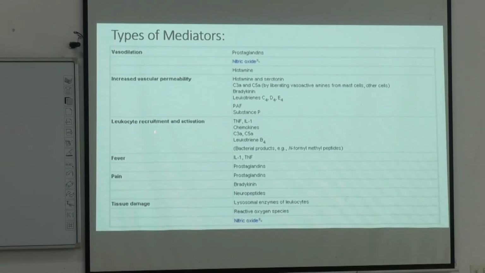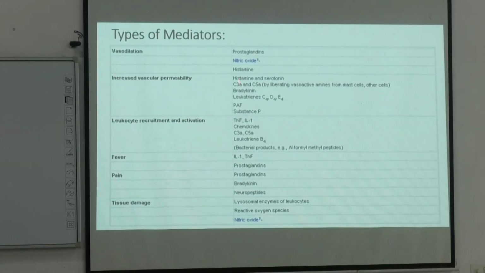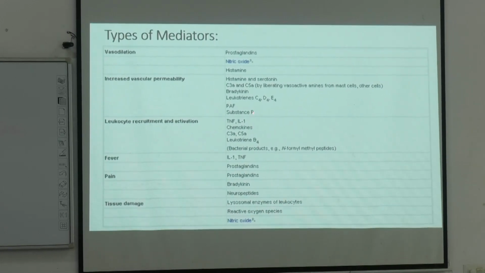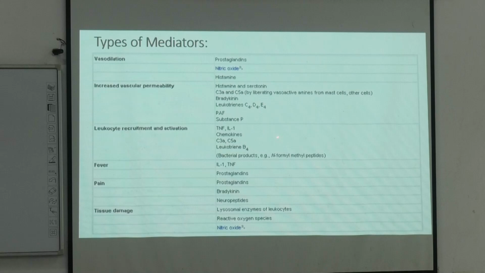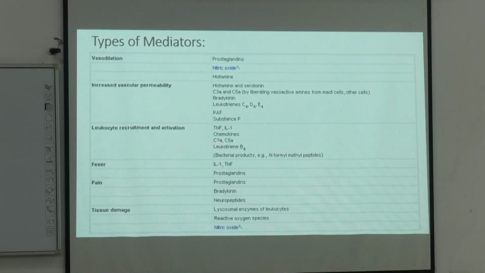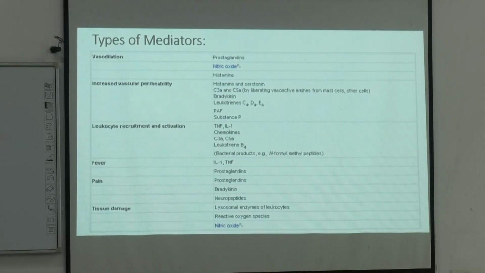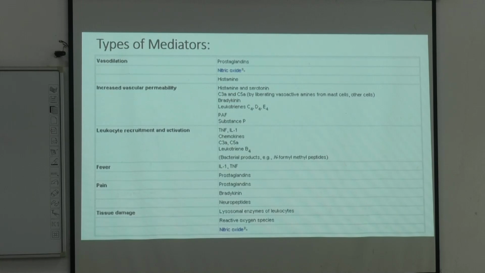Next is leukocyte recruitment and activation, and the responsible mediators are TNF, that is tumor necrosis factor, interleukin 1, chemokines, again leukotriene, and C3a and C5a. Next is pain.